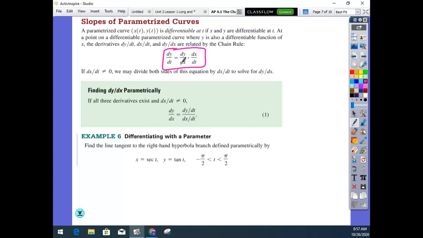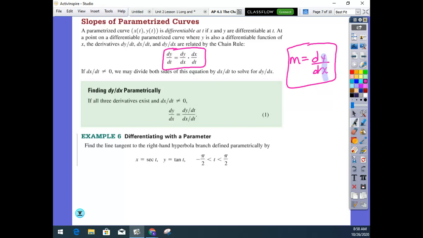We can also use division with our derivatives. What I want you to always think about is that the slope comes from the derivative of y with respect to x. It has to be dy/dx because when we graph, we're graphing it on an xy graph.